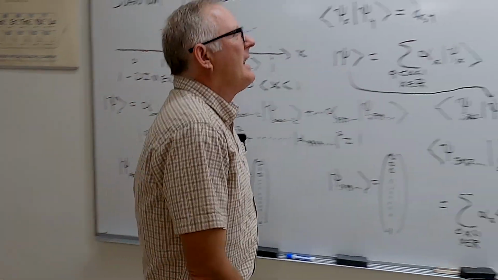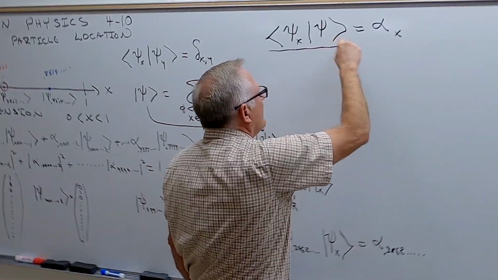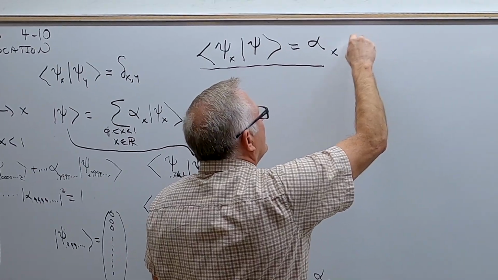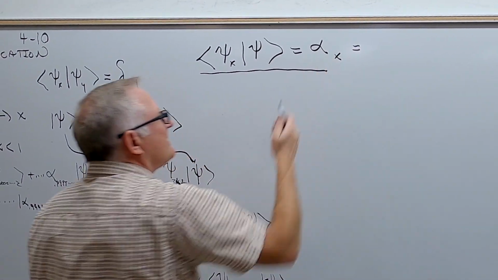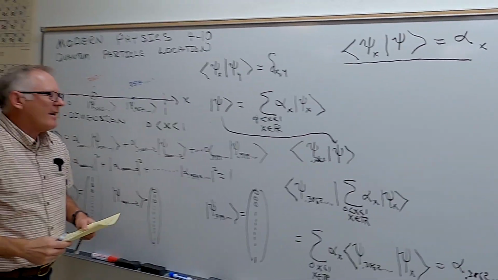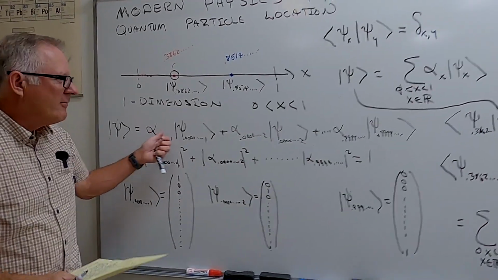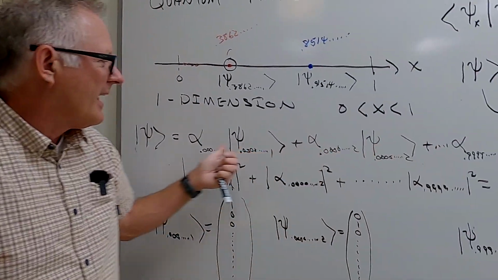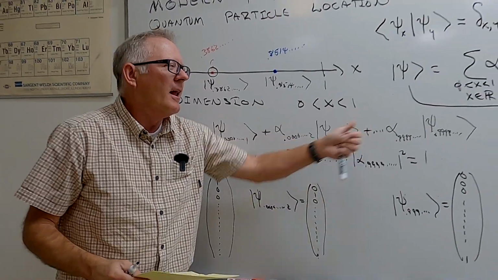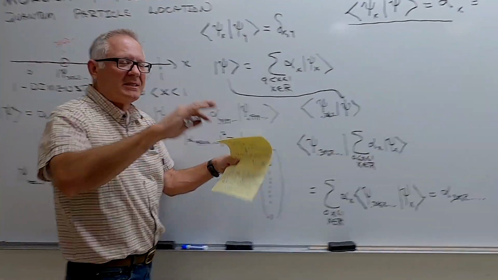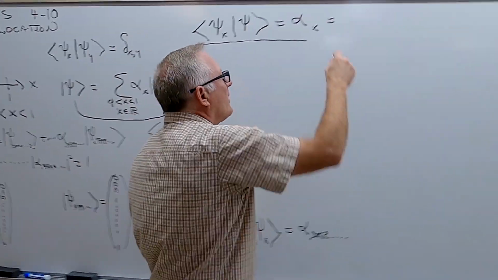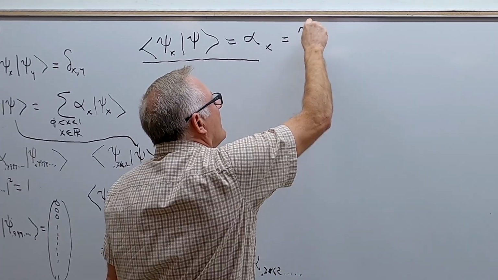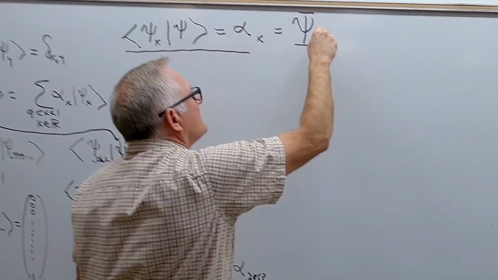Now we're going to give a name to this. Since this is more or less a continuous value, you've got an infinite number of these alphas. They're at every single real number right there. We could almost think of this as a function. It's a function of x.